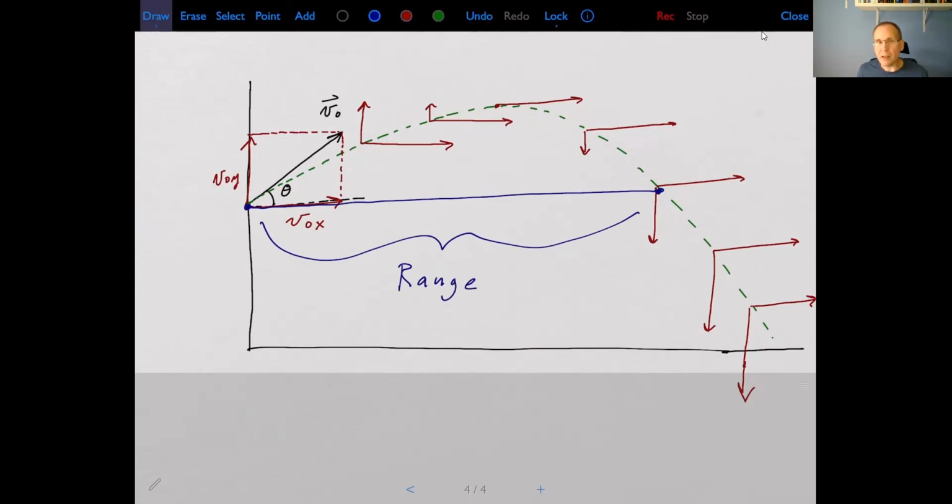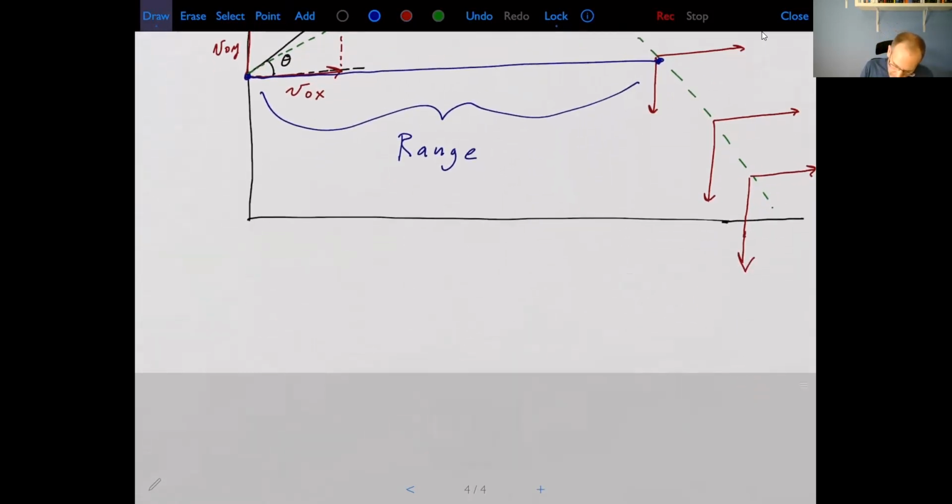Now we're going to be computing the range, and the theoretical formula for range depends on several factors. Usually we call range R. It depends, and this makes sense, on how fast the ball is being launched, so that launch speed, the magnitude of the launch velocity. In fact, it's V naught squared.